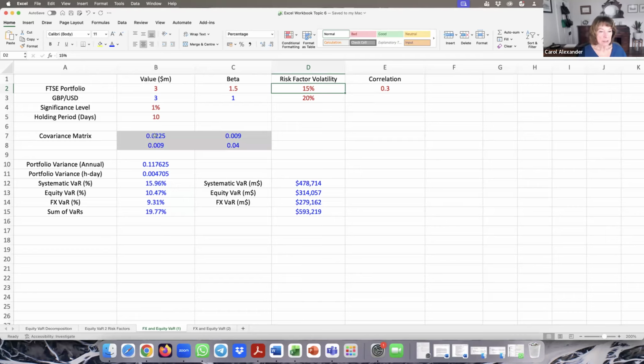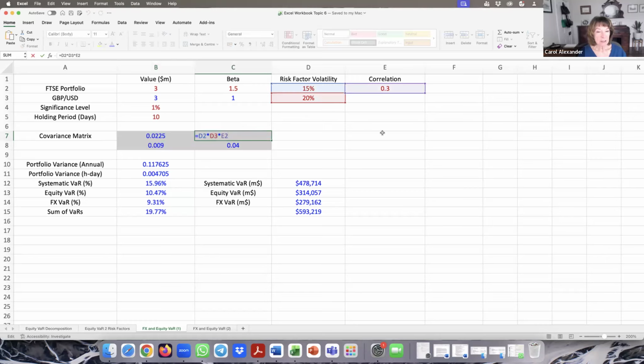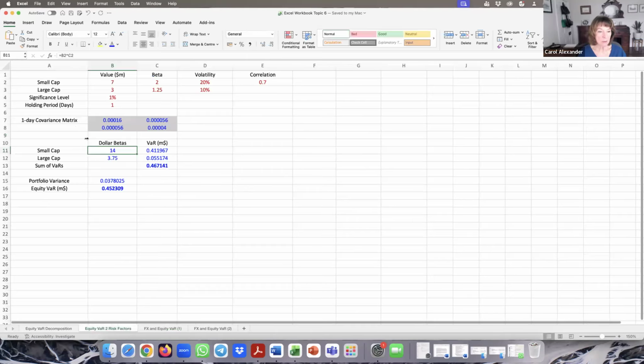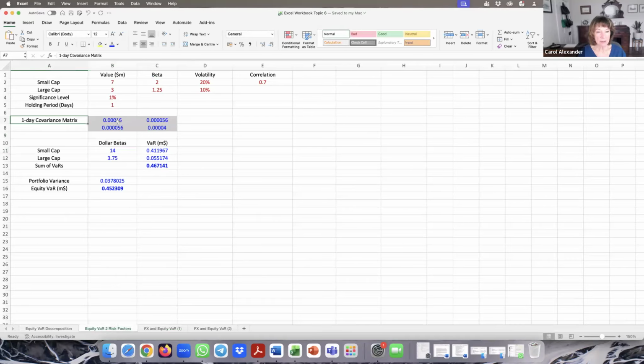Okay, so now the covariance matrix here is an annual covariance matrix. I've just taken the volatility and squared things. Similarly, for the covariance between the 2 risk factors, I've just taken the volatilities. It's different to the way I did this one, where I did a 1-day covariance matrix and divided each entry by 250.